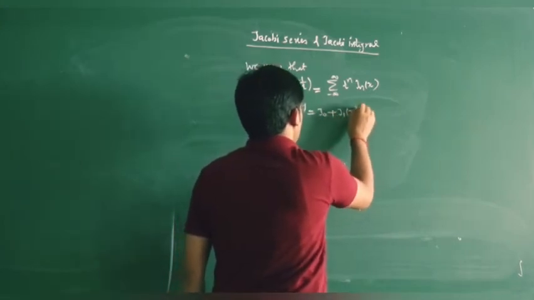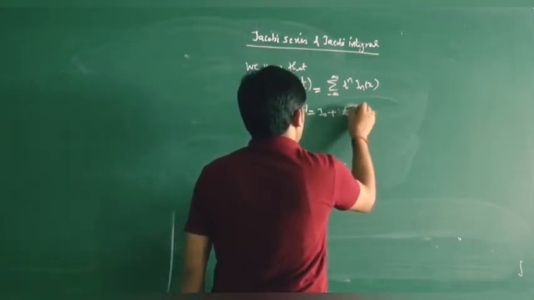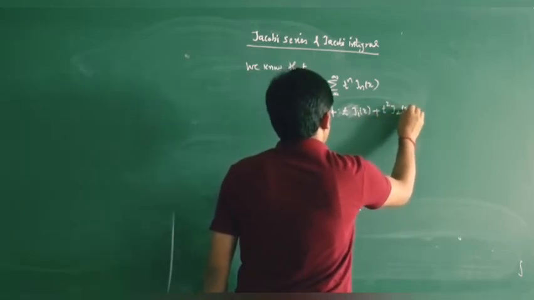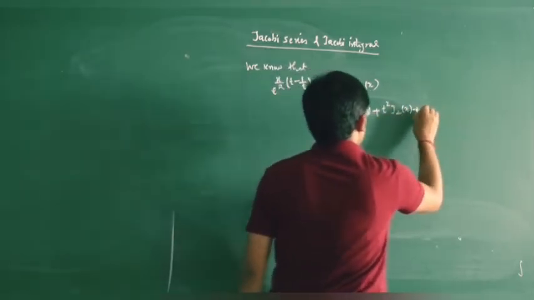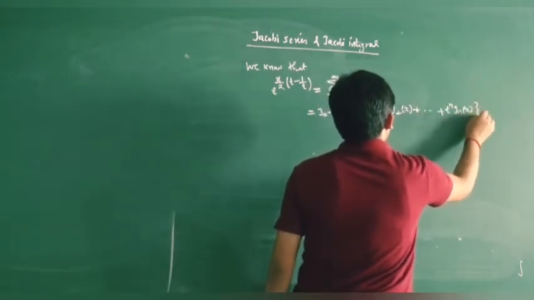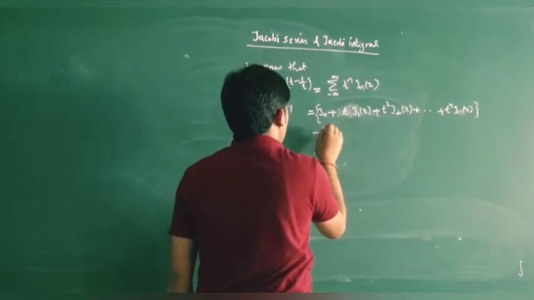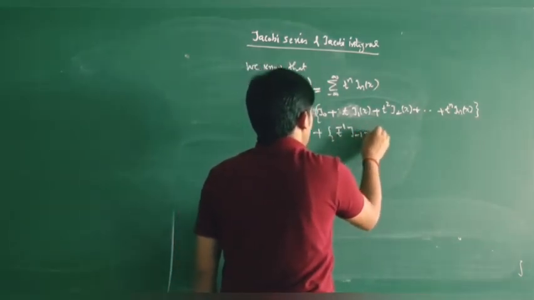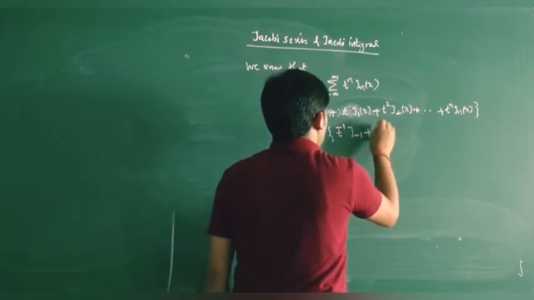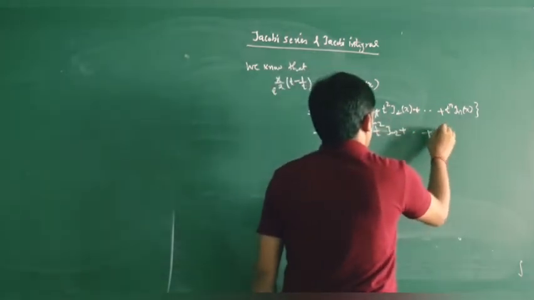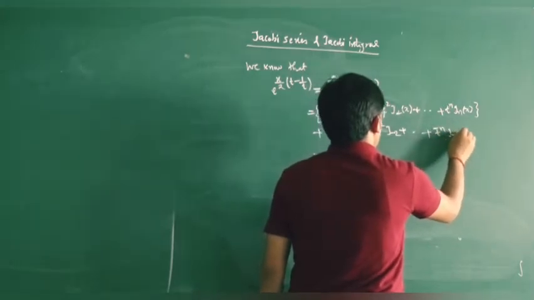Let us write the positive terms first: t into J1(x), then t square into J2(x), and then t power n into Jn(x). Then if we start with the negative coefficients, we will have t power minus 1 into J minus 1, then t minus 2 into J minus 2, then t minus n and J minus n(x).